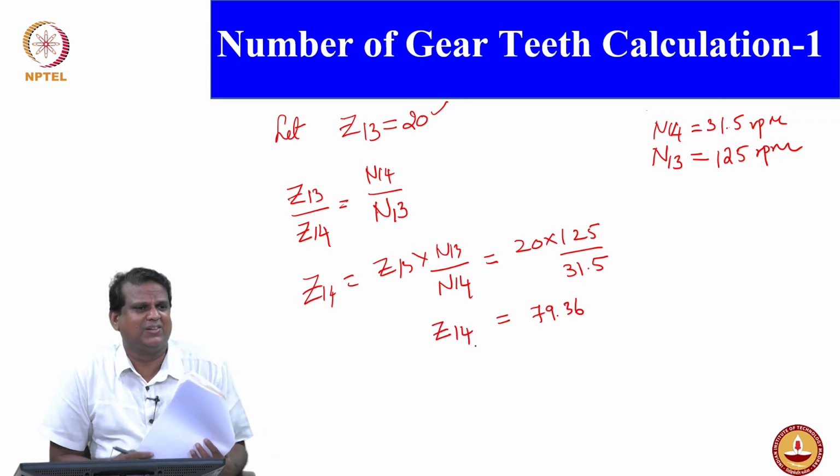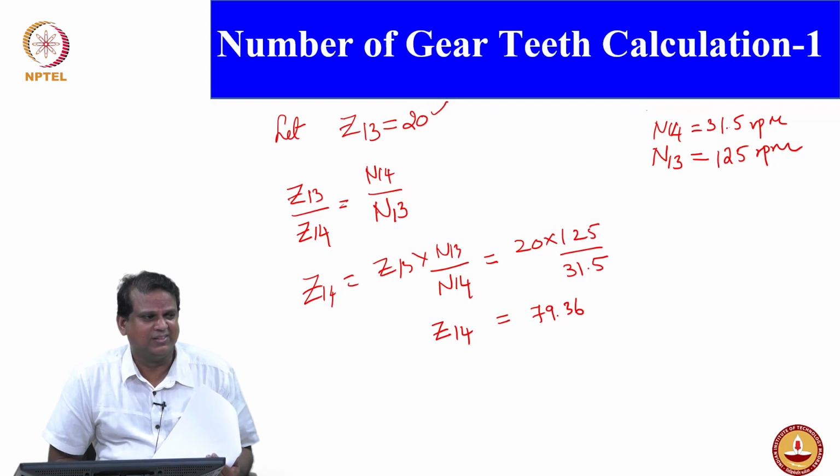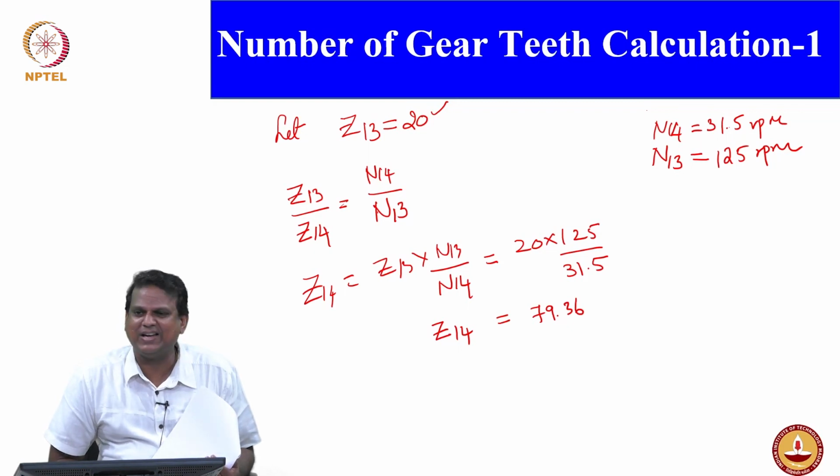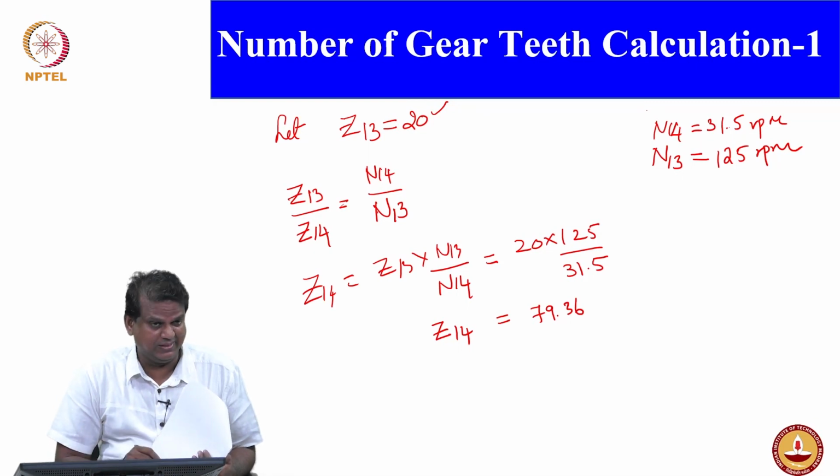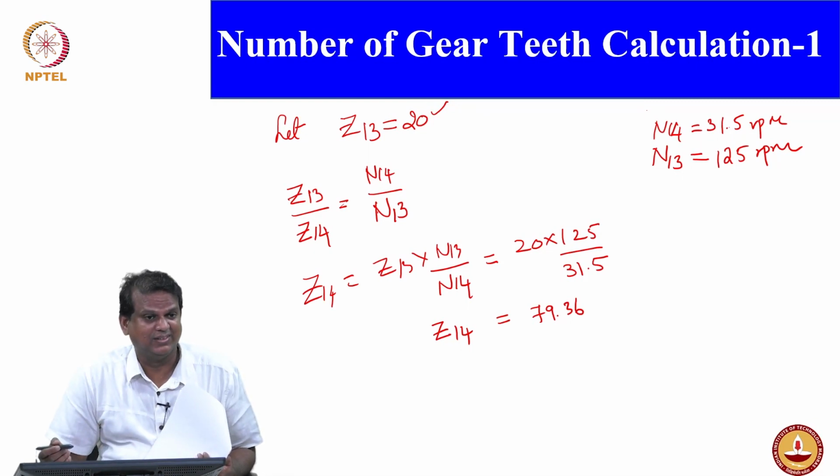But it's a fraction. A gear is supposed to have a whole number of teeth. It cannot have a fraction. So what are we going to do? Either we can round up to 79 or 80.